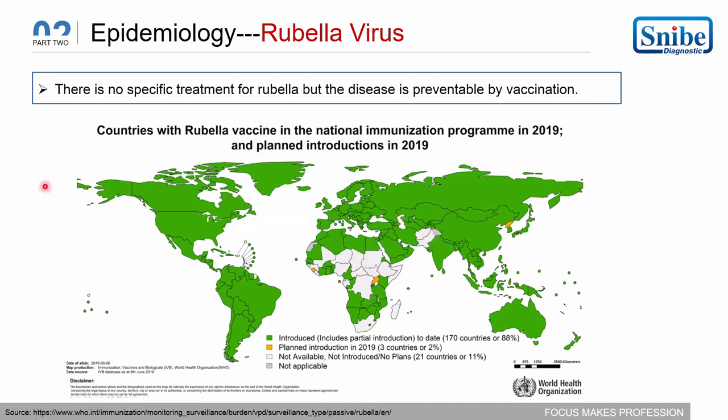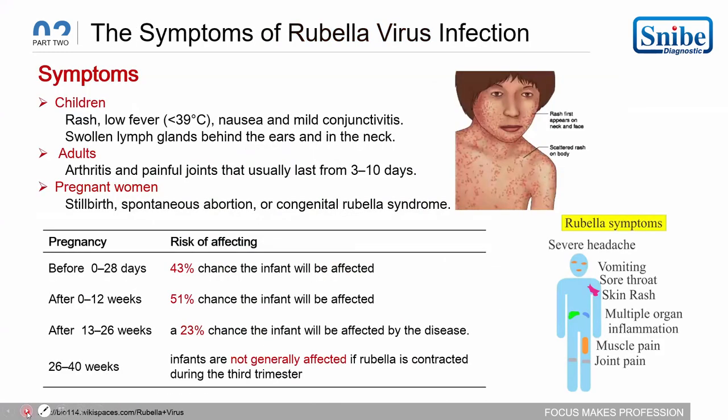If we talk more about the symptoms of the rubella virus, you can see that children have a rash, a low fever, nausea and mild conjunctivitis, with swollen lymph nodes behind the ears and in the neck. The rash first appears on the neck and face, and then scatters over the body.